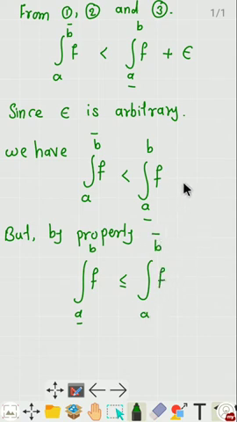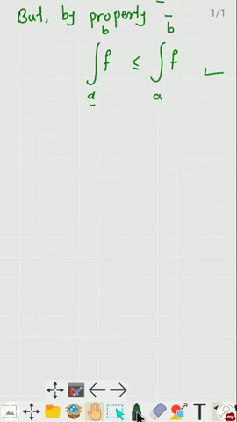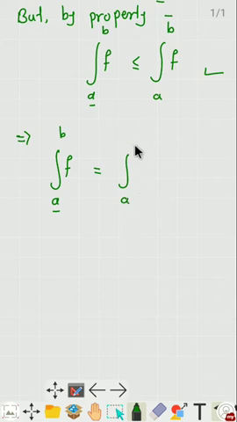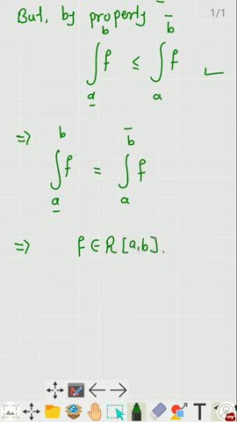But by the properties of upper and lower integration, we have the lower integral of function f is less than or equal to the upper integral of function f. From these two things we can write that the lower integral and upper integral are the same, and from this equality we can say that f is a Riemann integrable function on the closed interval [a, b]. So this is the proof of part 1.